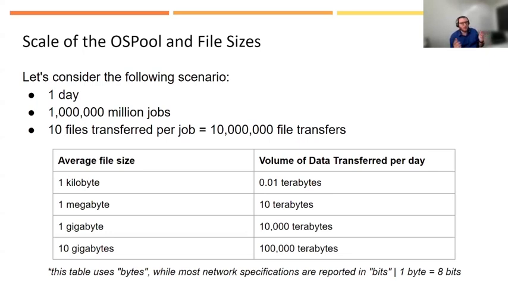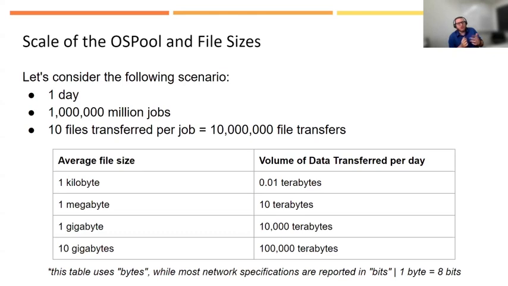That's a fraction of a terabyte, and the internet can easily handle that sort of thing. But as we jump up in scale to a megabyte, now we're talking about 10 terabytes per day. If the average file size is 1 gigabyte, we're talking about 10,000 terabytes, or 10 petabytes. And if your average file size is 10 gigabytes, we're talking in the hundreds of petabytes per day that have to be transferred.